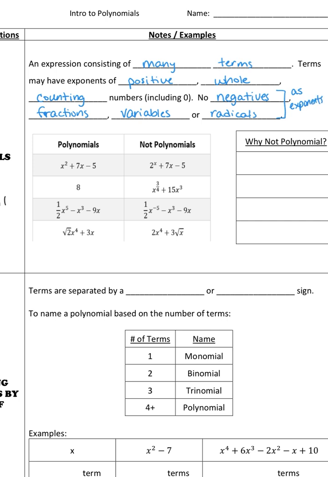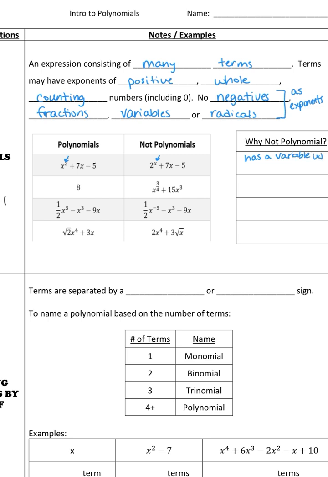Here you see we have a 2 as an exponent. Here we have x as an exponent. So the 2 is okay, the x is not. So this has a variable, and a variable is a letter, right?